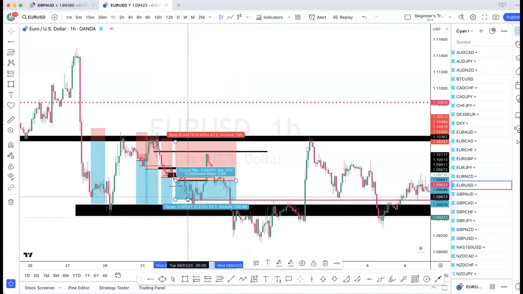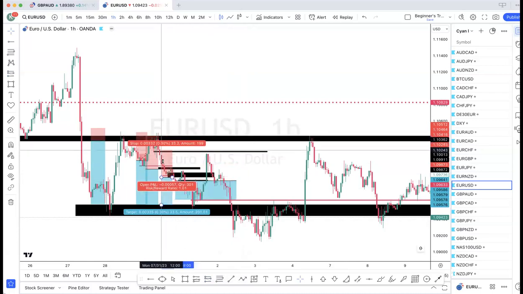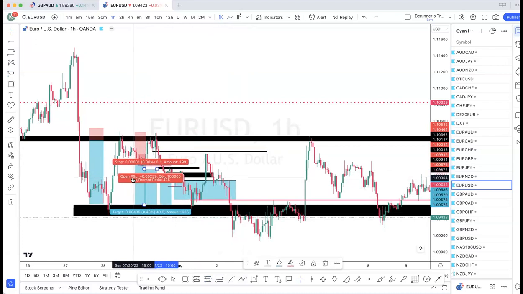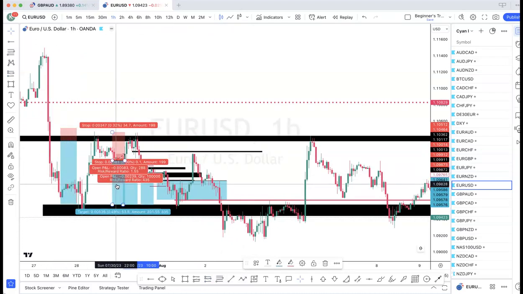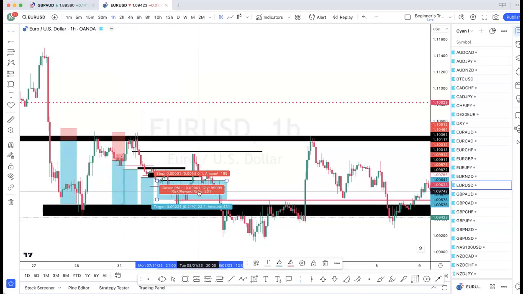And we put it right there because of... so we're talking 77 pips, 53 pips, 43 pips, 33 pips, and 23 pips.